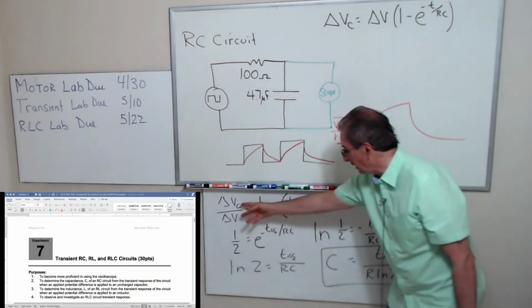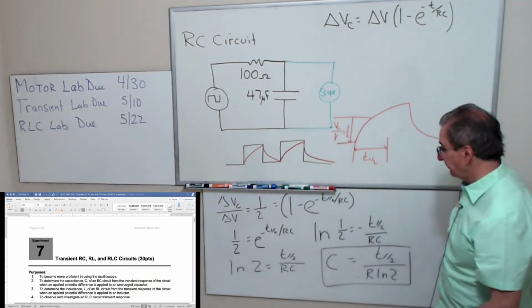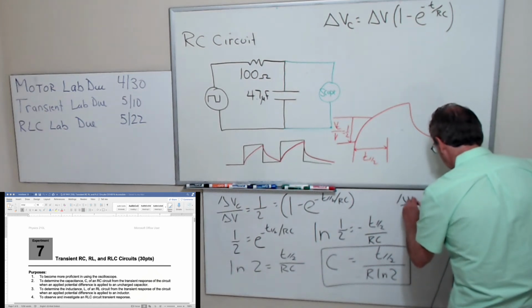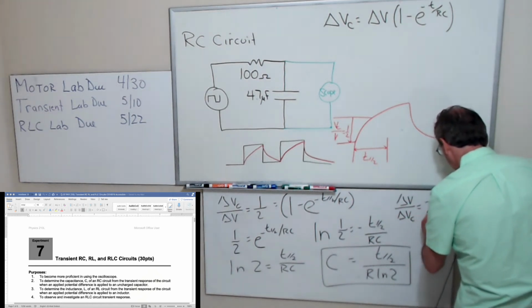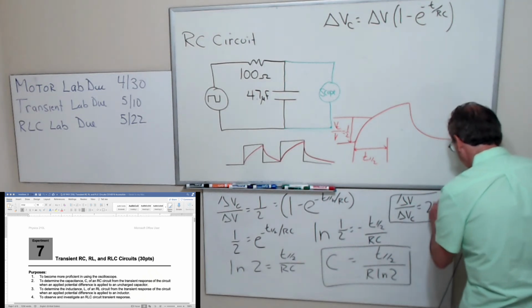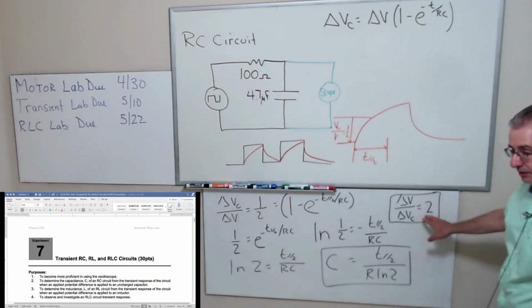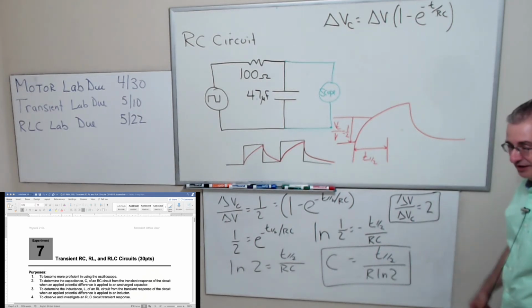Yeah, you're measuring this ratio, right? Actually, no, it's 2. This is flipped over, right? So we're measuring that, and we have to figure out the uncertainty in this thing.